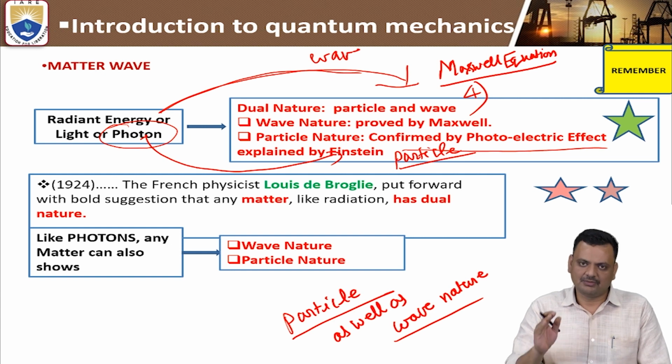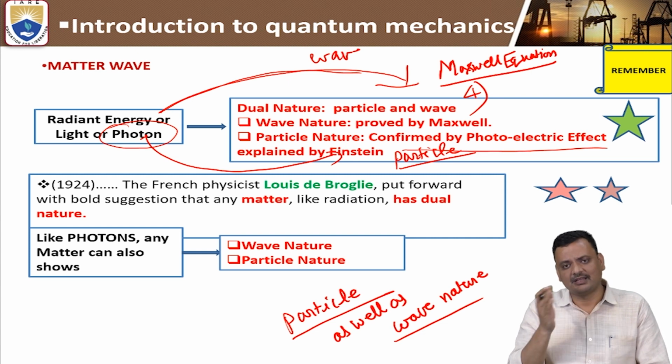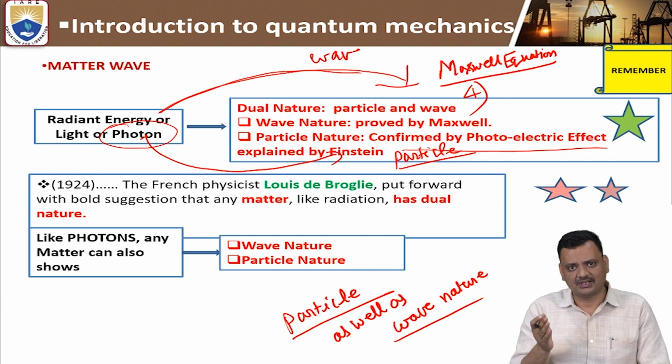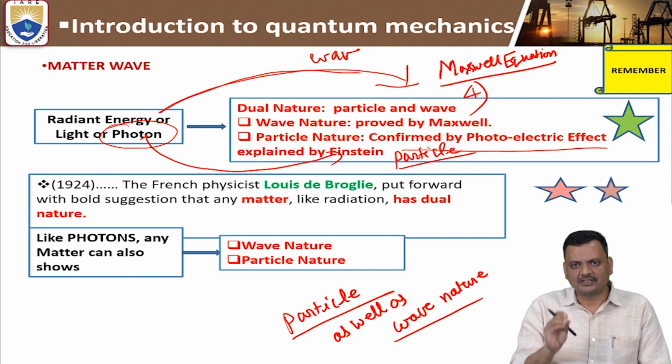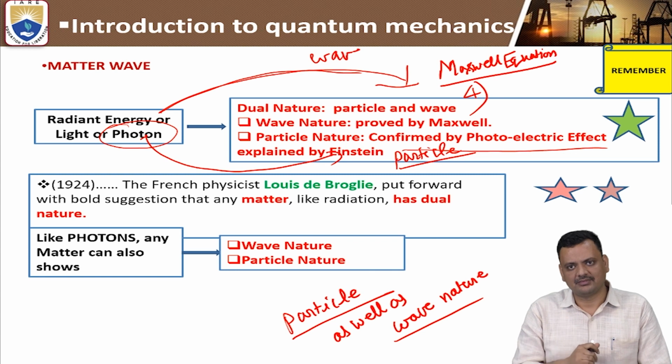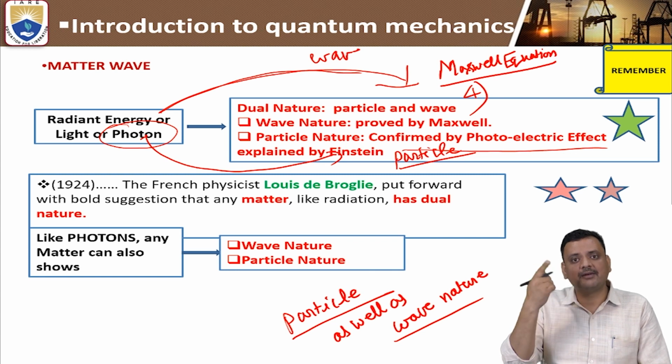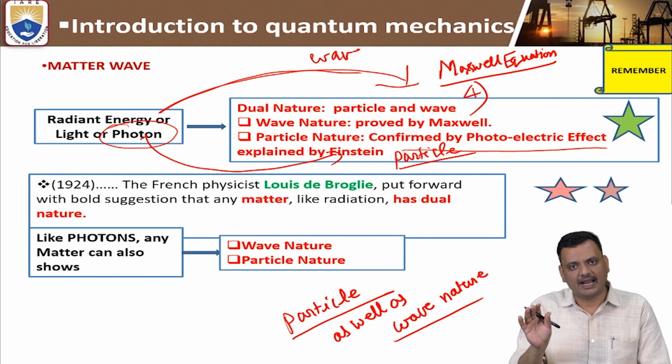If you come forward with any idea, then in support of that idea you have to show some evidence. Then only people will realize. So you can imagine in 1924, you can't simply say any matter can show the dual nature, means behave like a particle as well as a wave. But Einstein and Maxwell already proved that light can behave with dual nature, particle as well as wave.